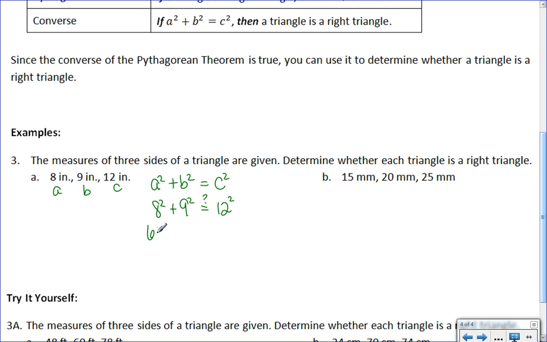Alright, 8 squared is 64, 9 squared is 81, 12 squared is 144. And let's go ahead and add these. 64 and 81 is 145. And is 145 equal to 144? No. So this is not a right triangle.